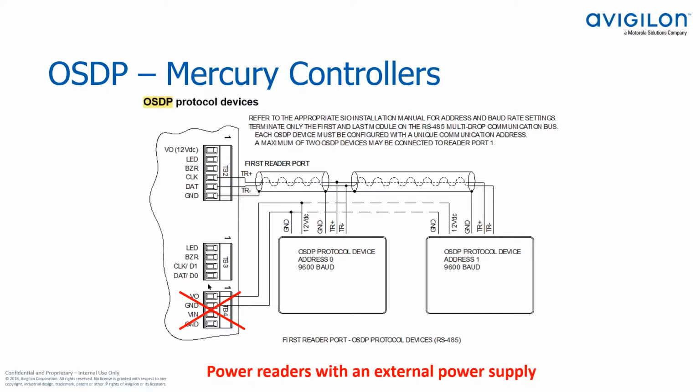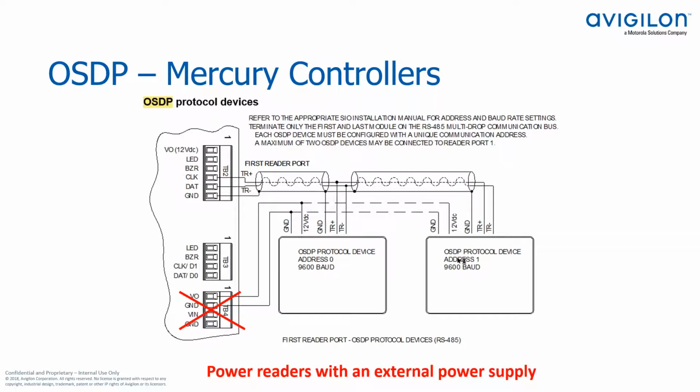The controllers just do not provide enough power to power multiple readers in one port. If you're doing OSDP and wiring one reader per port, then you're okay to grab power from the reader port. In this case, that's my reader port right there. I would go ahead and grab power and ground from that reader port.